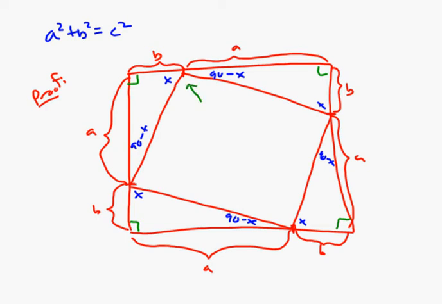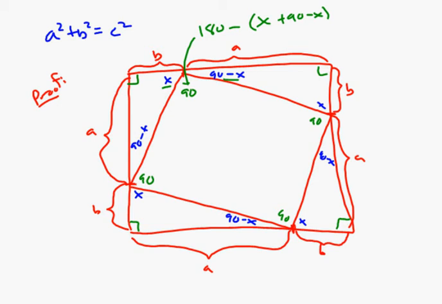Let's see if we can figure that out. So this angle in here, we could get that by doing 180 minus x plus 90 minus x. The sum of these other two angles plus this angle that I'm looking for would equal 180. Well, if you do that subtraction, you get 90.